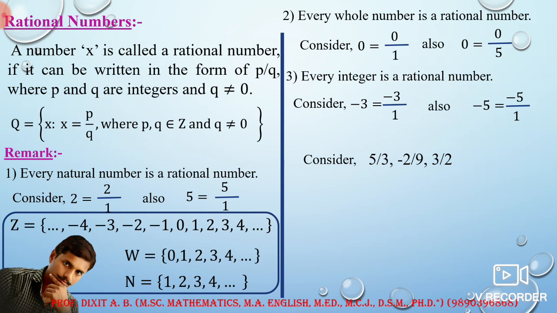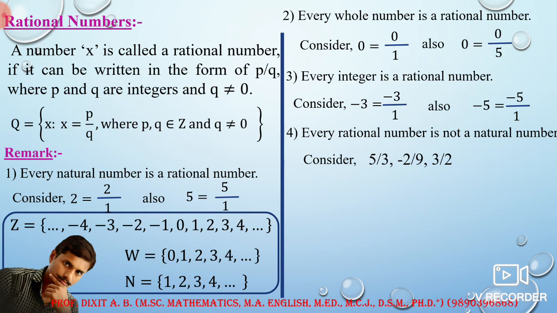Now we'll see the given three numbers and the set of natural numbers. Observe this. Here all three numbers are not included in N. So here is my fourth remark: every rational number is not a natural number.